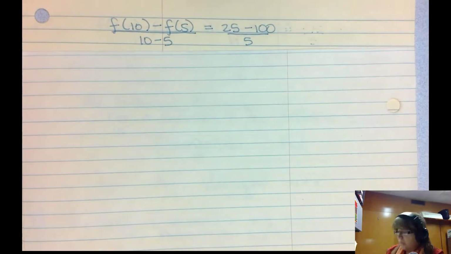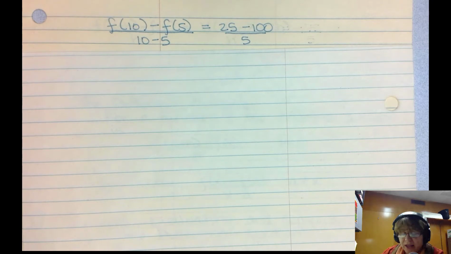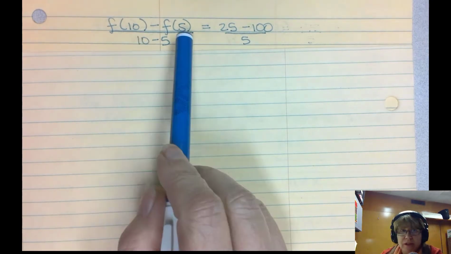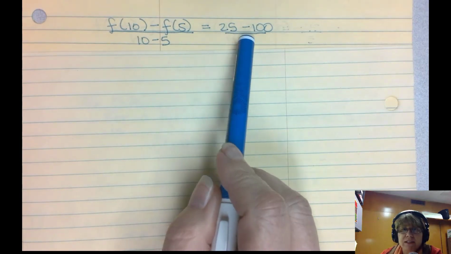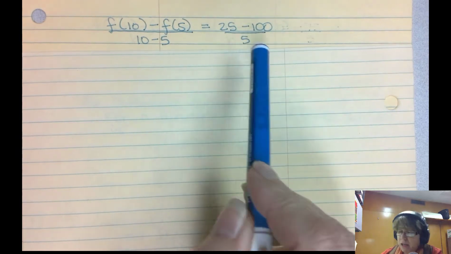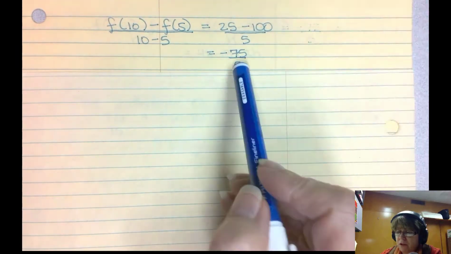Here we go. F of 10 minus f of 5 all over 10 minus 5. F of 10 we figured out was 25. F of 5 was 100, so we have 25 minus 100 all over, well, 10 minus 5 is 5. Now, 25 minus 100 is negative 75 all over 5.